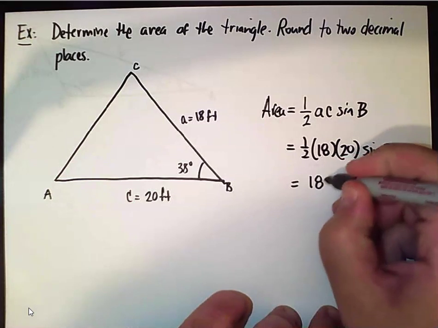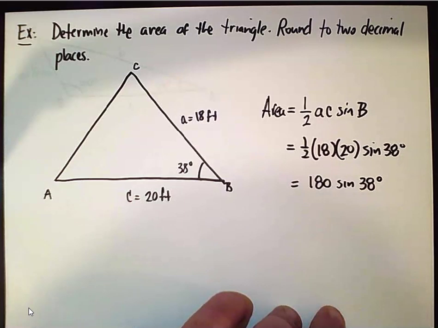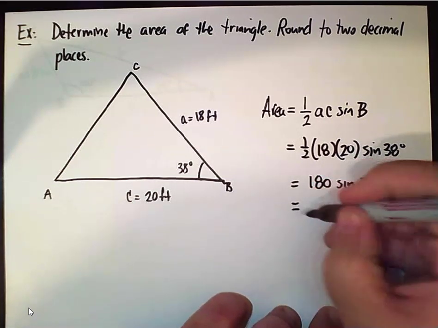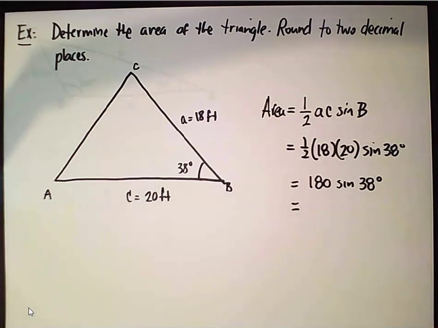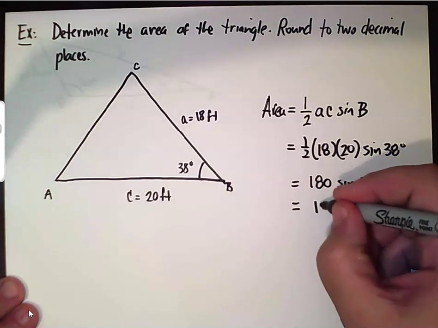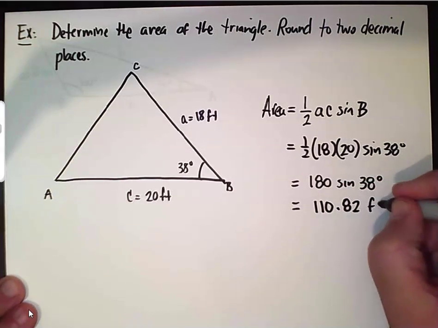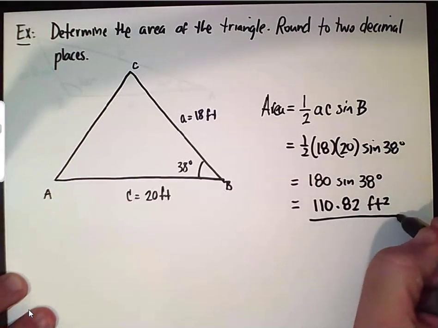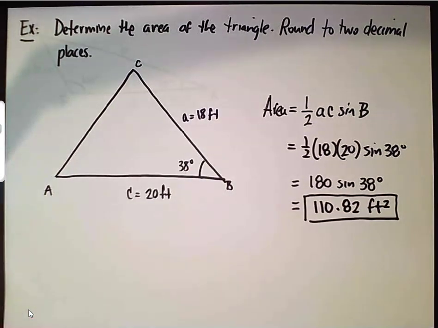So that's 180 times the sine of 38 degrees. If I plug that into my calculator, I get 110 square feet. And that's how we find the area of an oblique triangle if we know two sides and the angle between them.